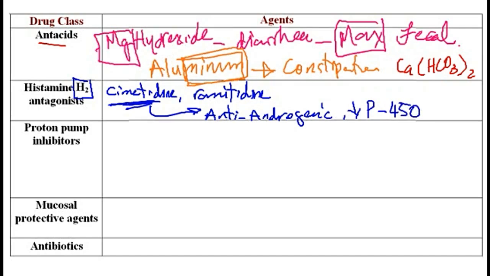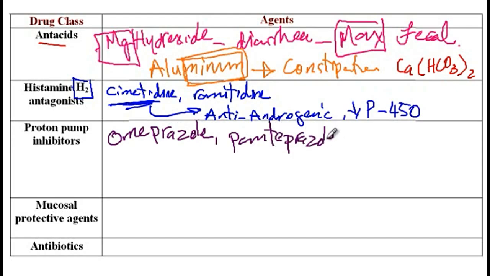The next class of medications are proton pump inhibitors, like for instance omeprazole and pantoprazole. The way these medications work is that they inhibit the hydrogen potassium ATPase pump, and thus hydrochloric acid can no longer be secreted in the stomach.